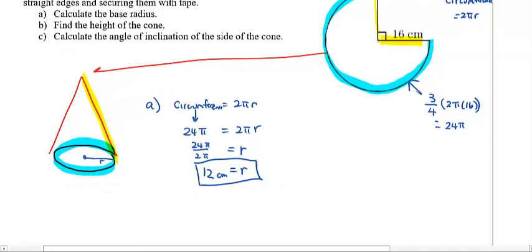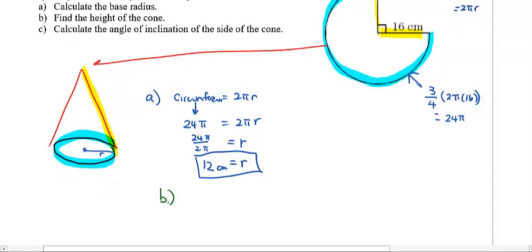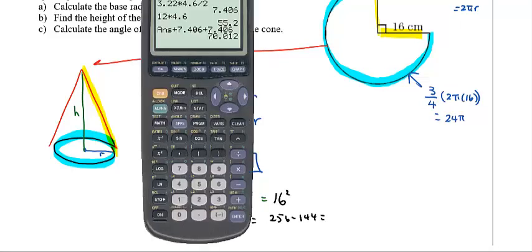Now, knowing that r equals 12, part B says find the height of the cone. Here's the height. So r is 12. The height is what's missing. And we know that the slanted side there is equivalent to 16. So there you go, 16 squared. So h squared is just 256 minus 144. 256 minus 144 is 112.